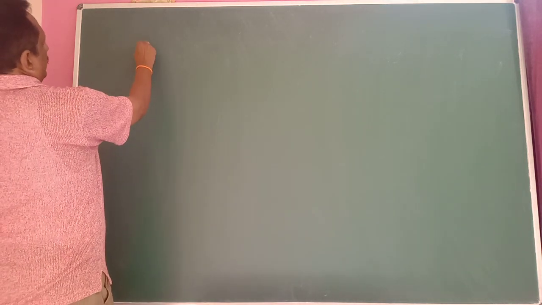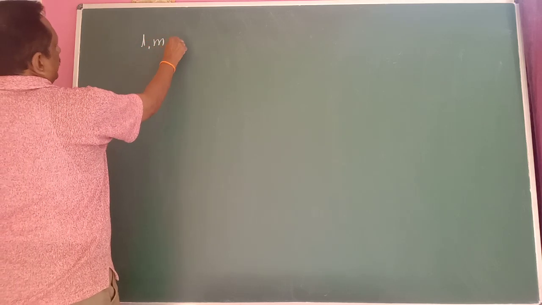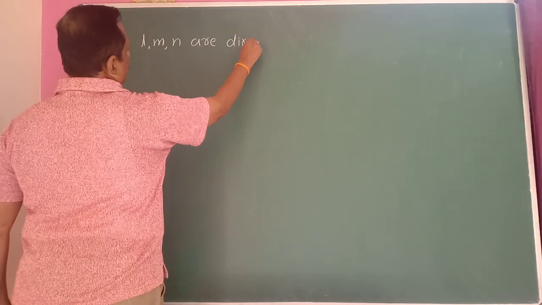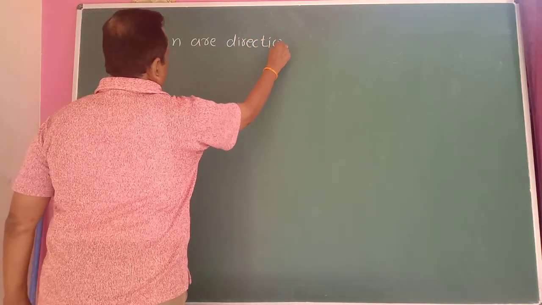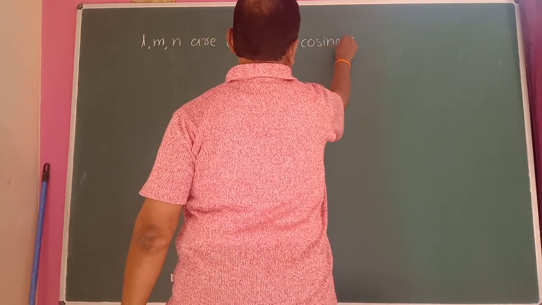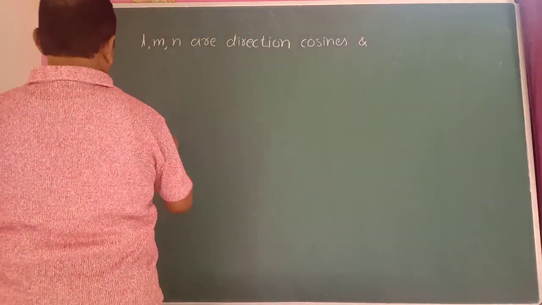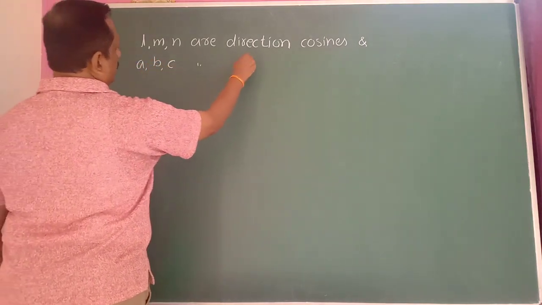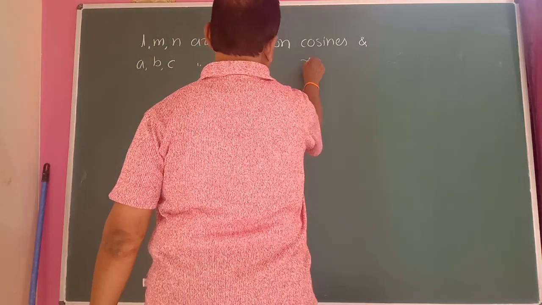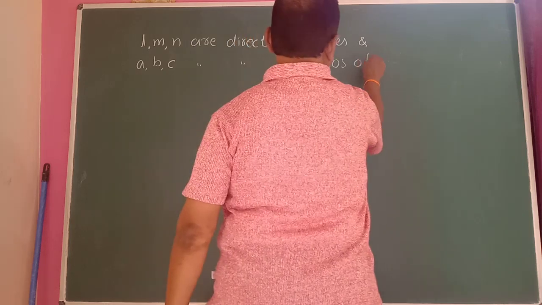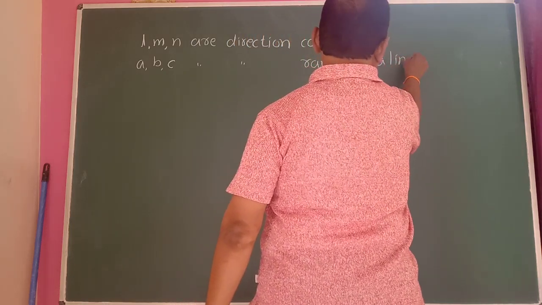Next, you know that l, m and n are direction cosines and a, b and c are direction ratios of a line segment.